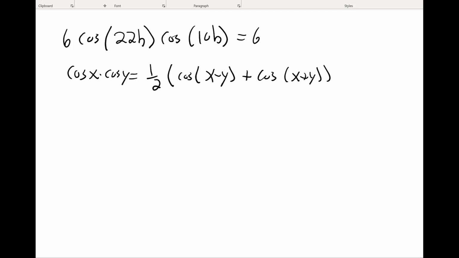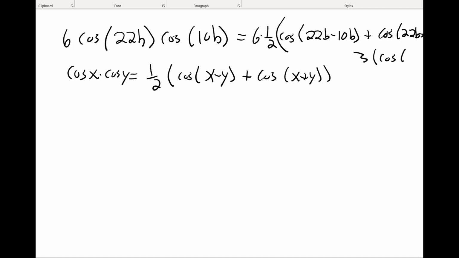So this would be 6 times the 1/2 times cosine of 22b minus 10b, really doesn't matter because addition is commutative, plus cosine of 22b plus 10b. So it's 3 times cosine of 12b plus cosine of 32b. That's it.